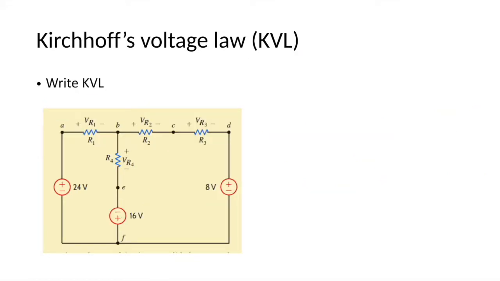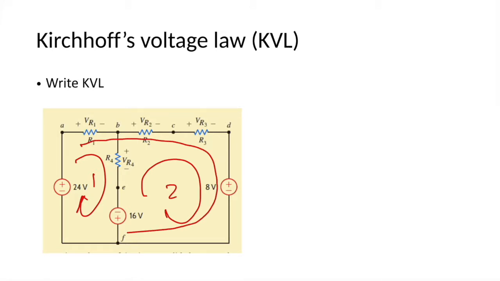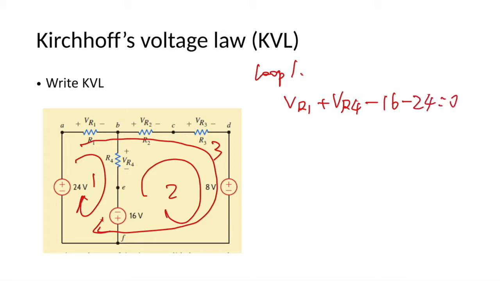Another example is to write the KVL for this circuit. We can see that there are three loops: loop 1, loop 2, and a big loop, the third loop. So we can write down three KVL equations. For loop 1, we have VR1 plus VR4 minus 16 minus 24 equals 0.